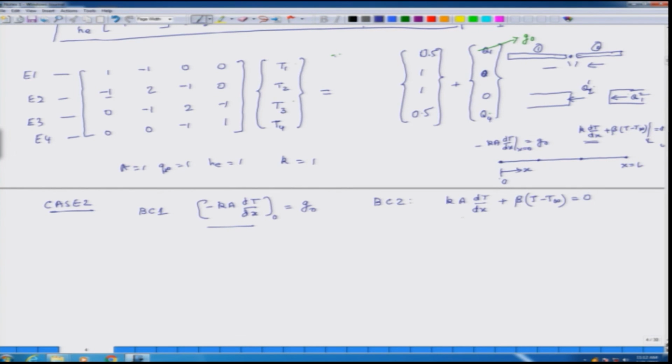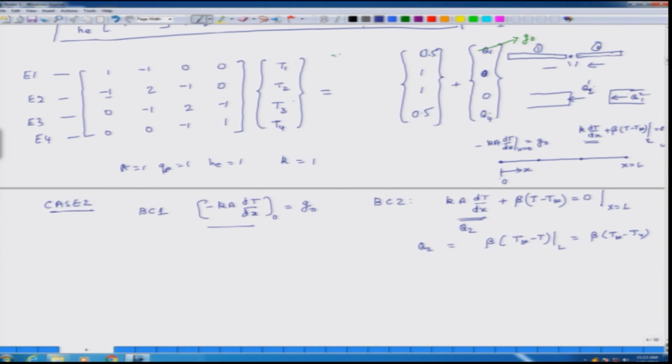Now what I do is this equals Q2, right. So I express it as Q2 equals minus beta, or I can express it as beta times T infinity minus T, and this is at x is equal to L, and at x is equal to L, this is beta times T infinity minus T4, because at x is equal to L, temperature is T4.